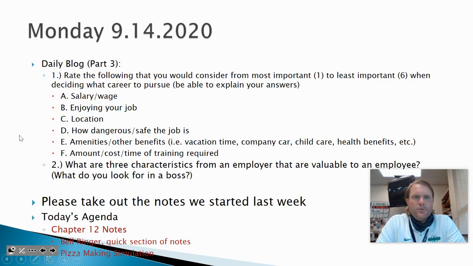And then we're moving on to number 3. You're rating the importance of these things, going from most important to least important characteristic of what you are choosing to do. Even if you haven't decided what you're going to do yet, you can decide which of these 6 things are most important, so just rank those.